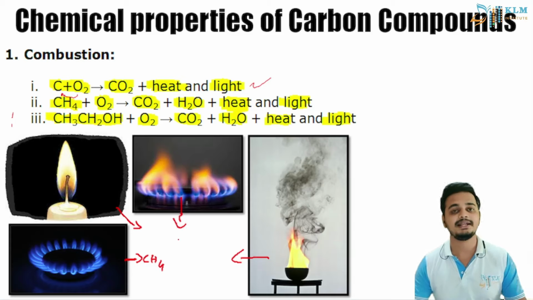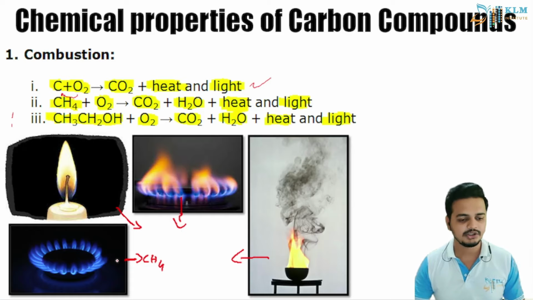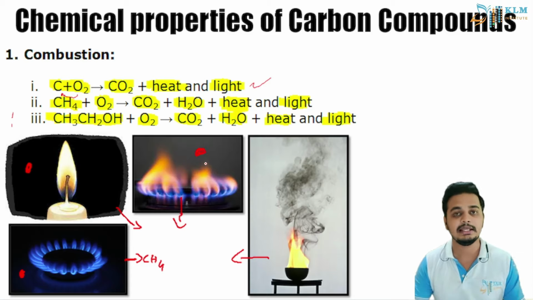So why am I telling you all this? Because you can see there is a difference between these flames. This is a nice blue flame here in this picture, but this has a yellow flame, and this has a blue flame, then it becomes a yellow flame. So what is happening here?